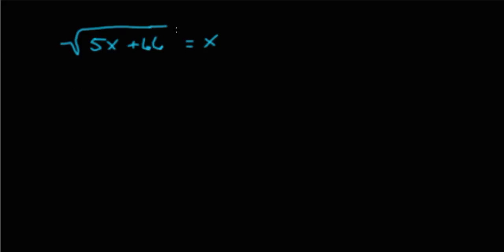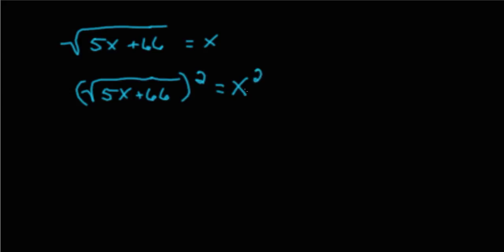So in this case, since we've got this square root and we really don't want to do anything more than what we have to, to eliminate that square root, what we can do is square that side of the equation. Then we'll also have to square the right side of the equation.